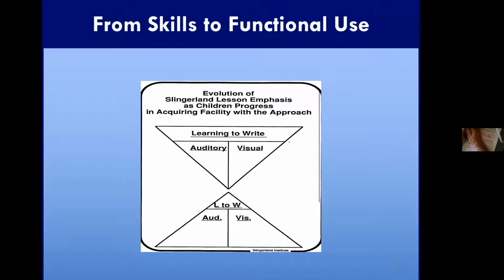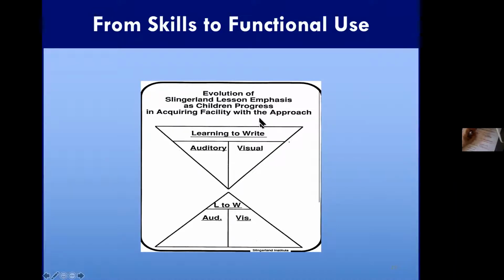And if you think about the triangle, at the very beginning, when we're first starting, before the kids have learned to write any of the letters, we're spending a lot more time up here at the skill level and not so much time further down at the functional use level. In summer school, that first week, a lot of our time is spent teaching those letters.